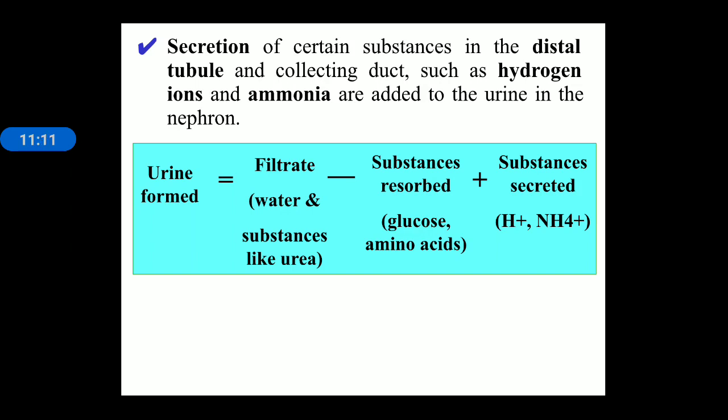The substances that are reabsorbed are useful for the body, for example glucose and amino acids, plus the substances which are directly secreted in loop of Henle, or you can say the PCT and DCT. There are mainly ammonium ions and hydrogen ions which are directly secreted. So urine formation takes place by mainly three: filtrate minus substances reabsorbed plus substances secreted.